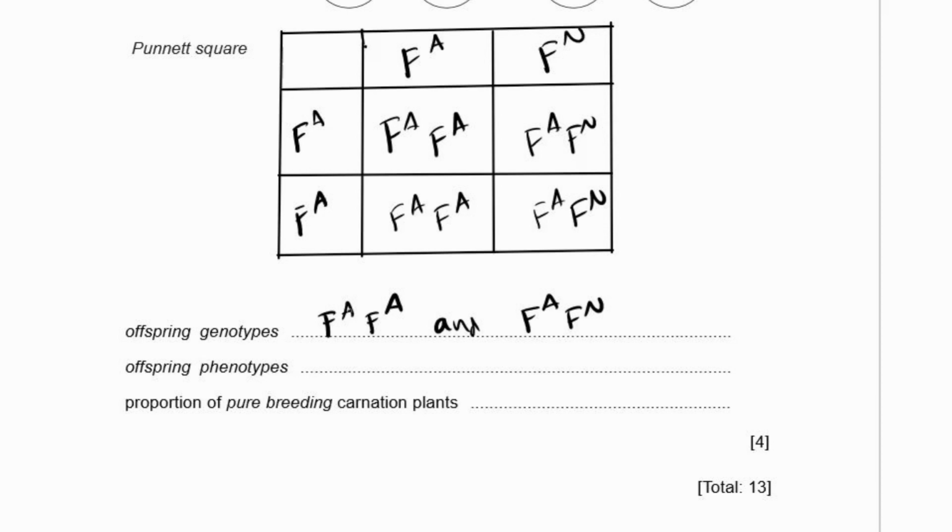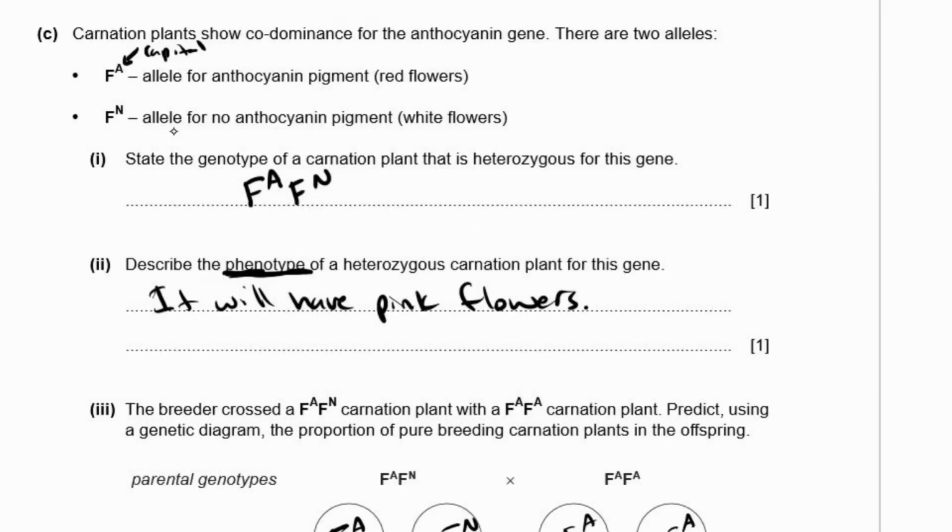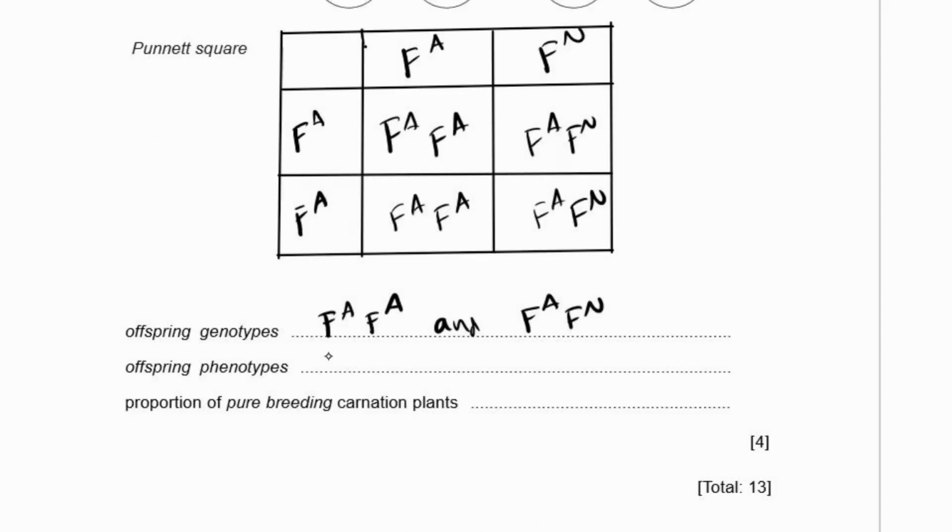Offspring phenotypes. So if, as we saw up here, the A means red flower. So if you have two A's, they're going to be red. So red, and, well, a red and a white is a pink, as we've already said. And proportion of pure breeding carnation plants, here are the pure breeding ones.